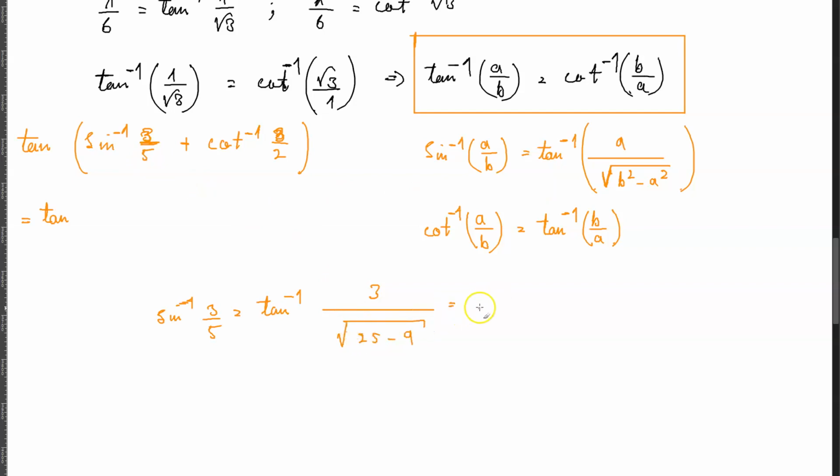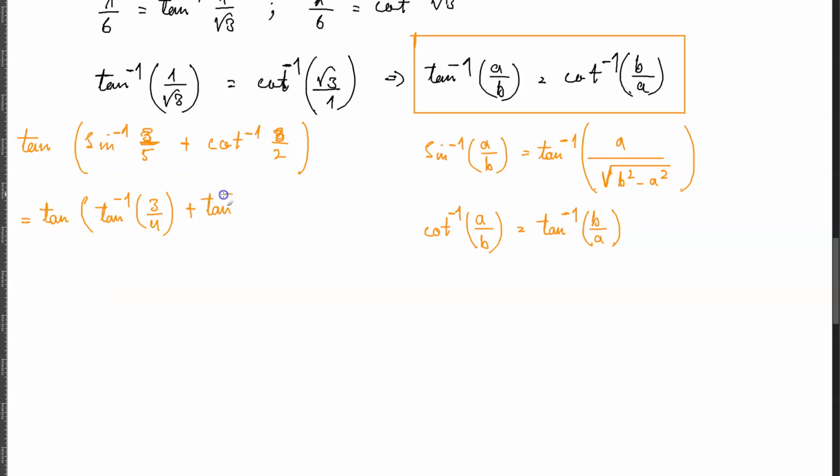This is 16, the square root of 16 is equal to 4, so that is 3/4. So this becomes the tan inverse of 3/4. And the cot inverse of 3/2 would be the tan inverse of 2/3, based on this formula, right?